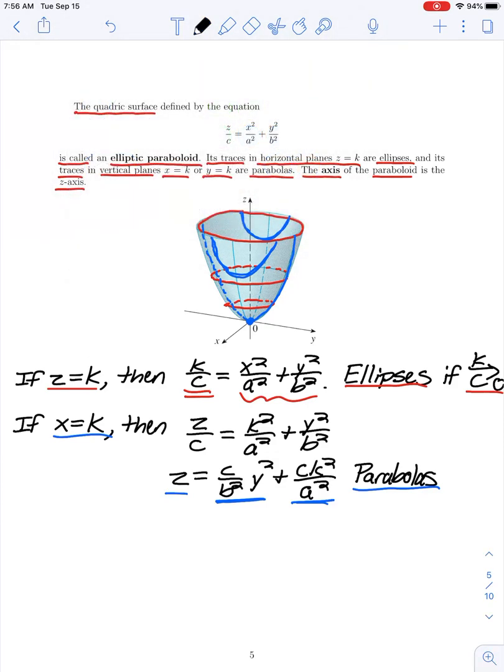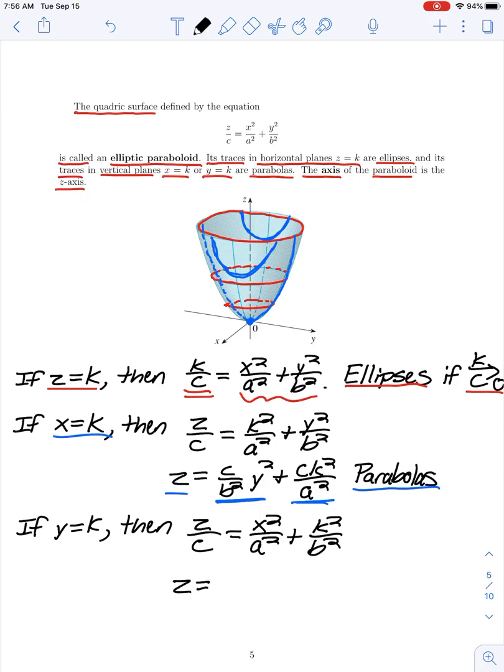And then in my last plane, if I choose a fixed value for y, then my equation is of the form z over c is equal to x squared over a squared plus k squared over b squared. Or again, solving for z, I would have c over a squared x squared plus c k squared over b squared.